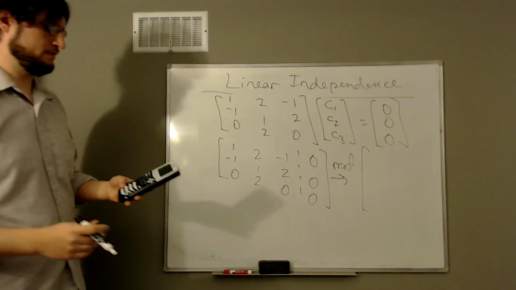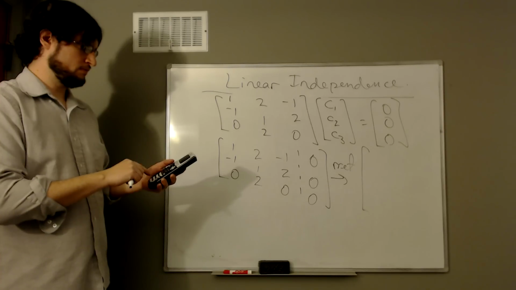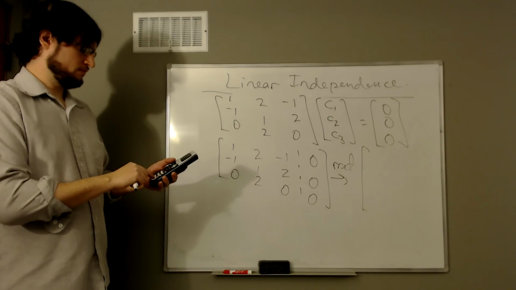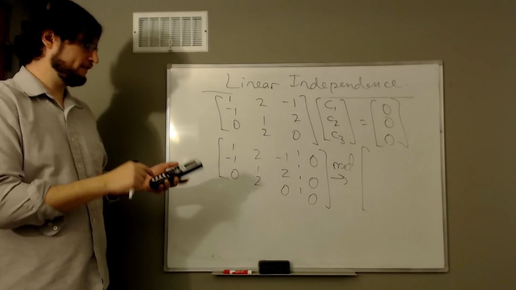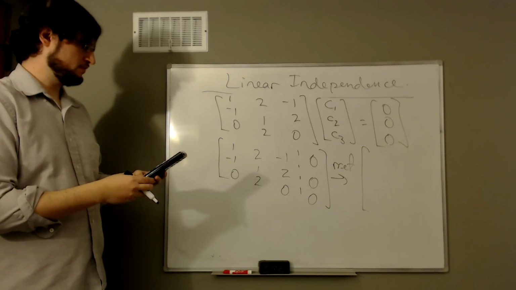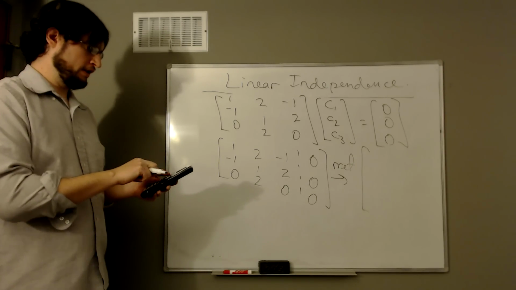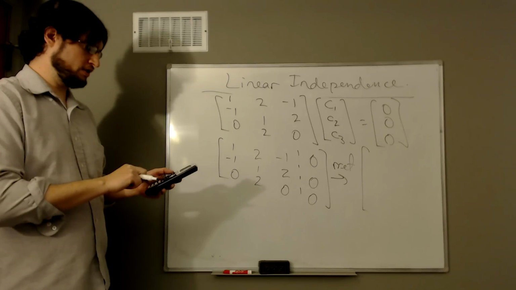Let's do that. So that's a 3 by 4 matrix. We'll just put all of the entries in, and then reduce to row echelon form.